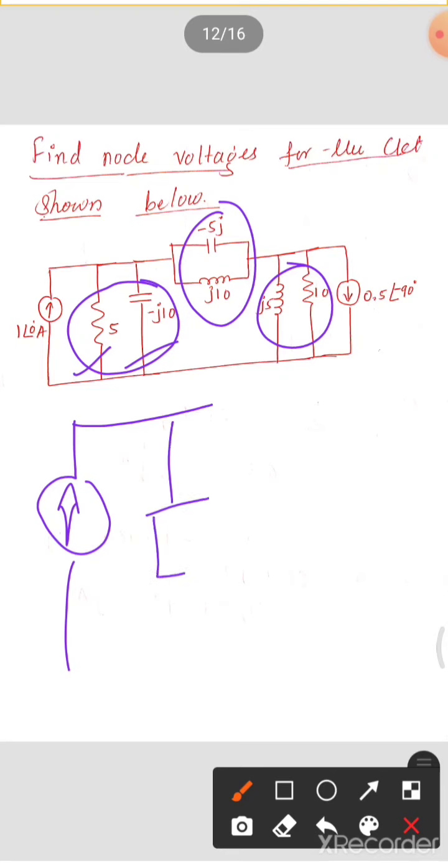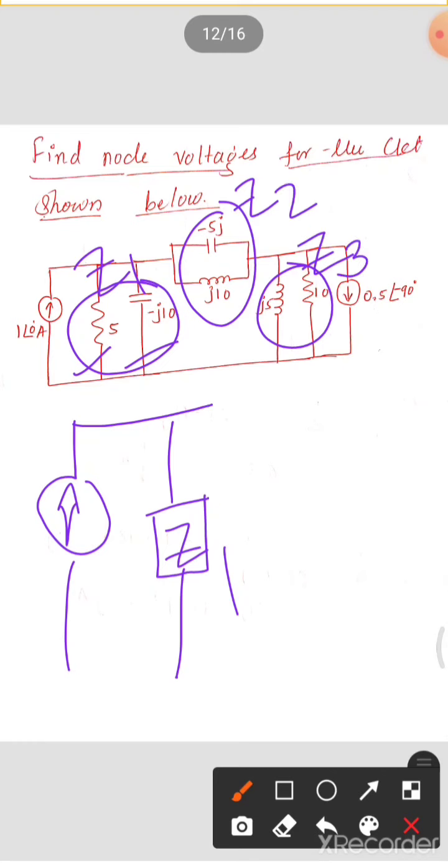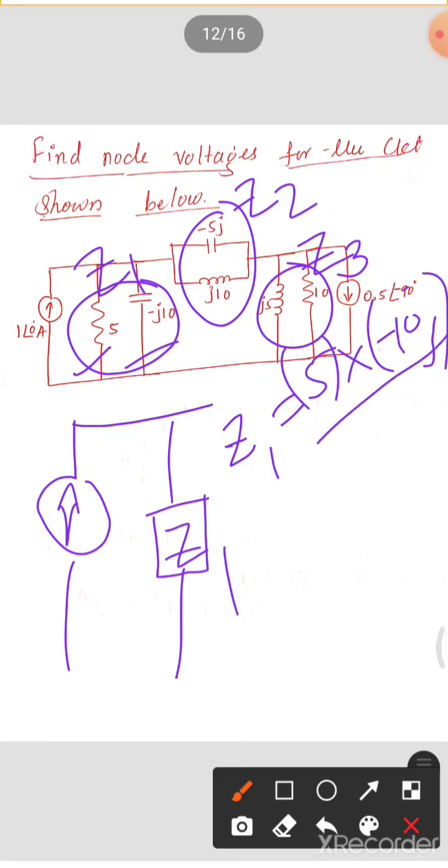Take its parallel combination, you get an impedance of it, that is, let's call this one Z1, let's call this one Z2, and let's call this one Z3. Z1 will be what? Z1 will be 5 into minus 10j, whatever it may be, it is impedance, divided by 5 plus minus 10j.